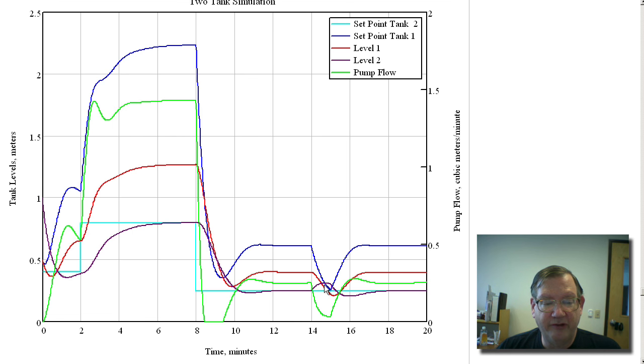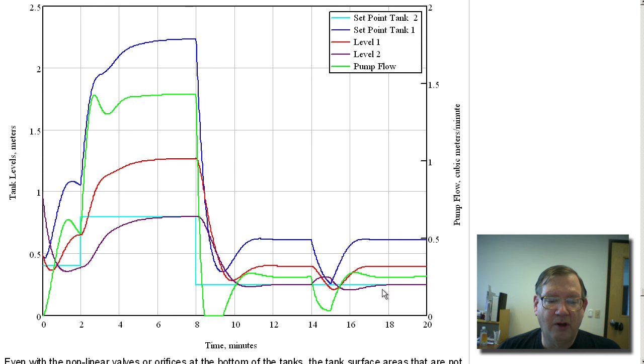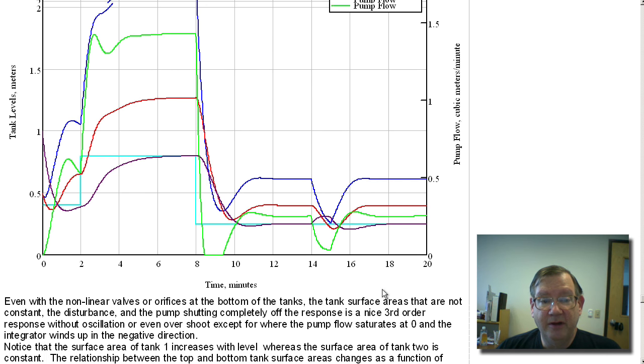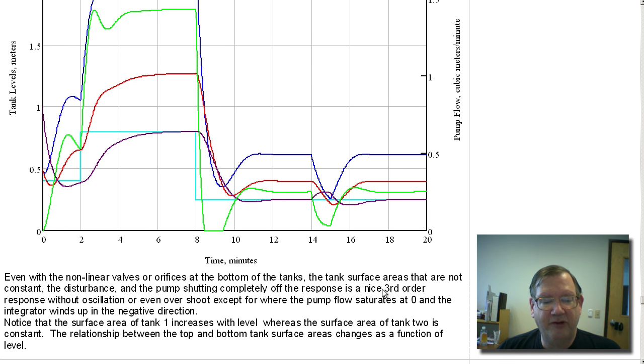You can see the level goes up for tank 2, and then it goes back down, and then it gets right into the set point again. So the tank level control is very good, and even though we have lots of non-linearities, and even with disturbances, the response is very good.